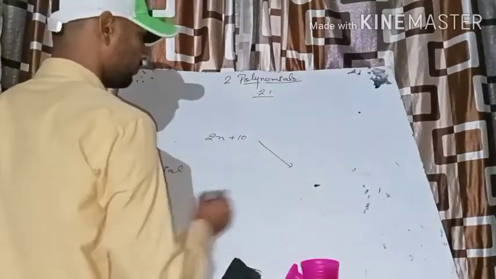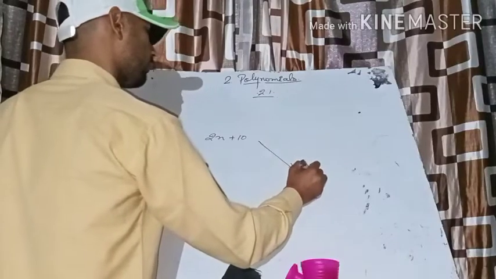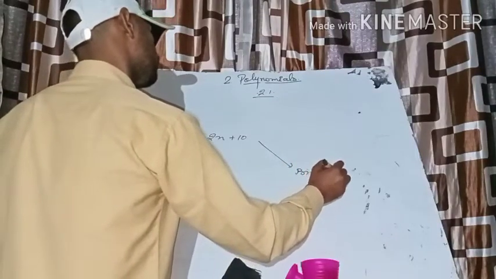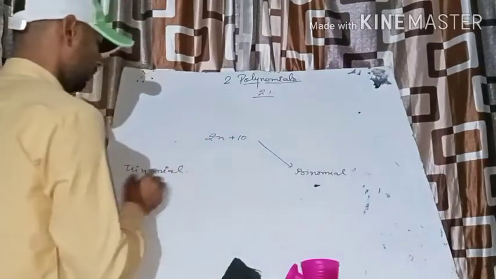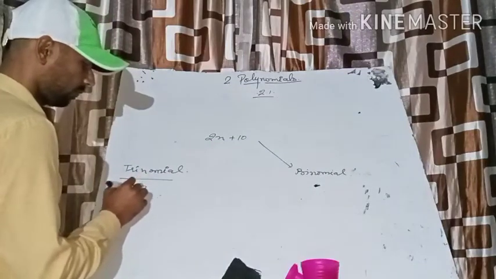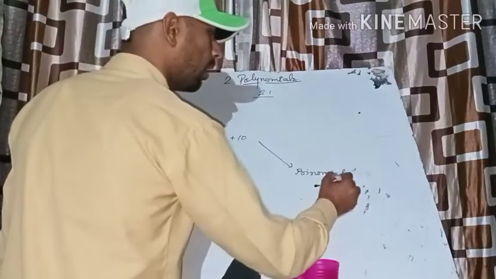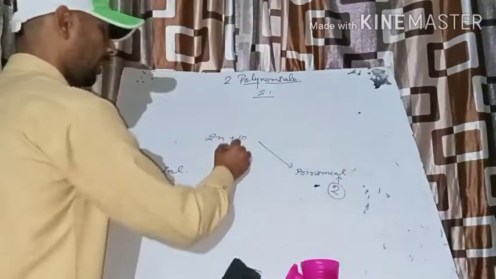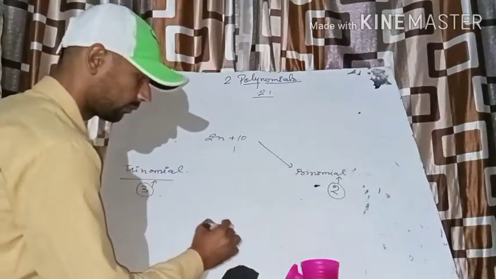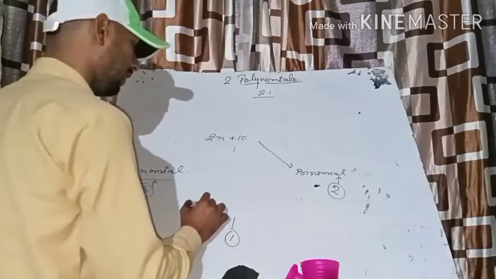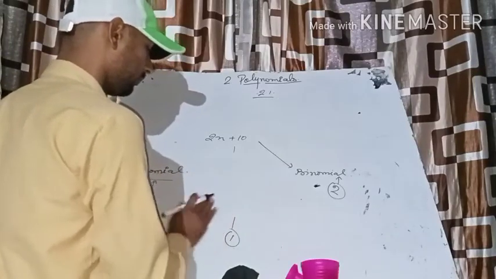Binomial. Having 3 terms are said to be trinomial. Having 2 terms are said to be binomial. Having 1 term is said to be what? The linear polynomial or monomial.